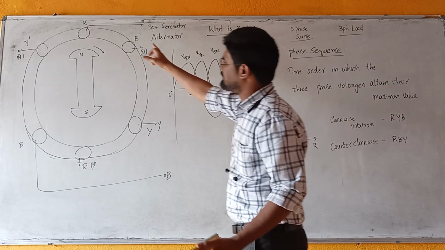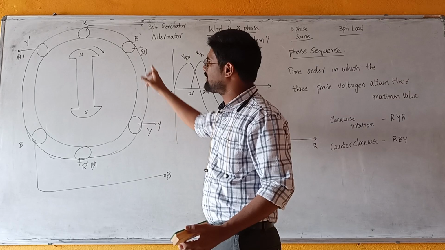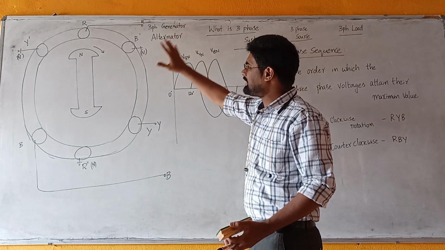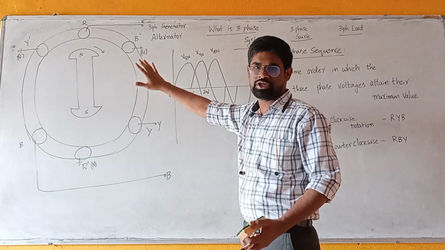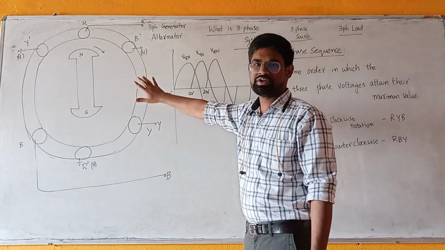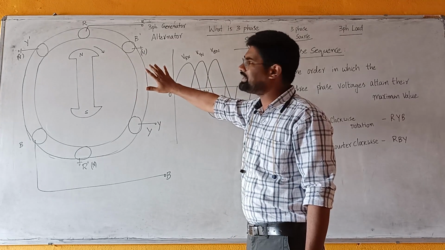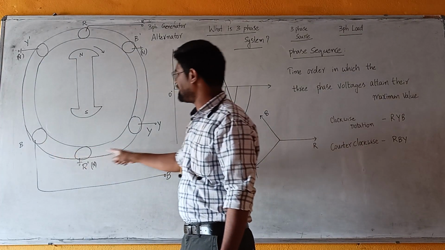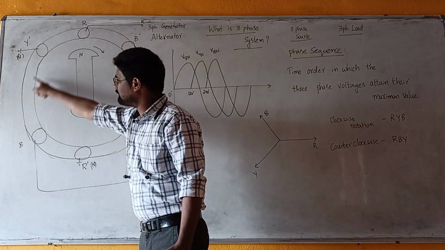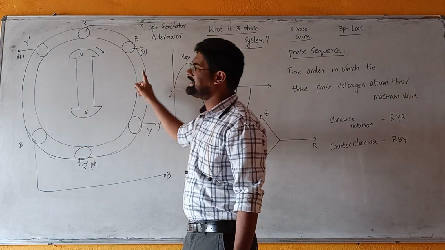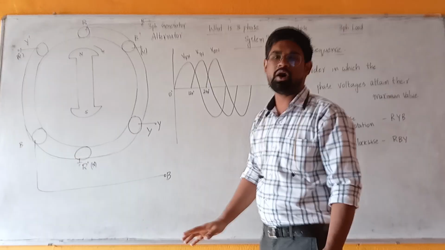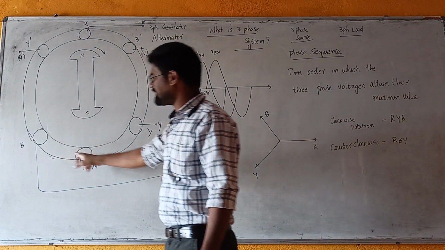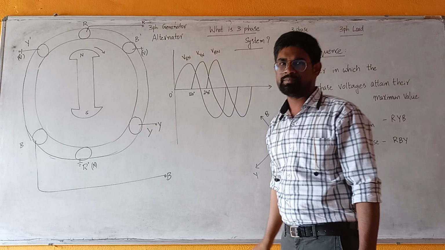Now this is the cross-sectional view of a three-phase AC generator. This is an AC machine, and it basically consists of two parts. This part is the stationary part, which in general we call the armature.